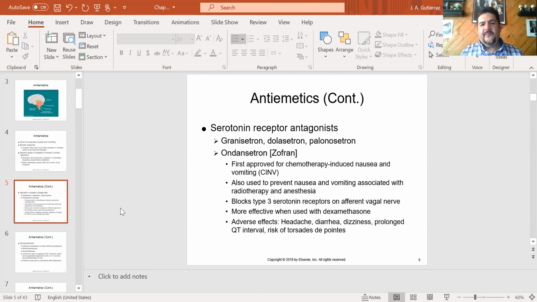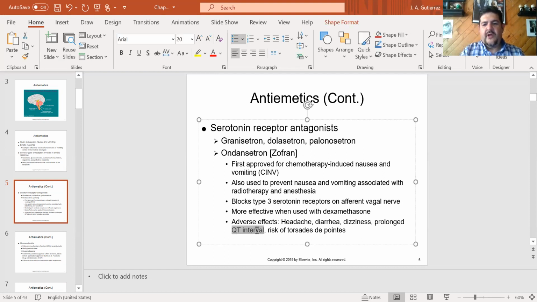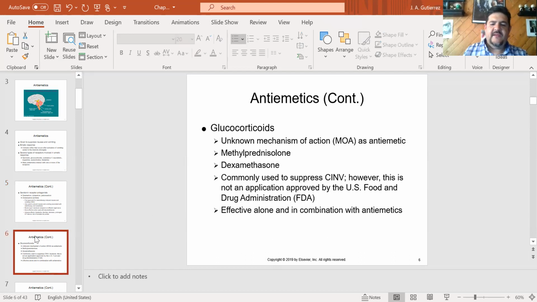The main adverse effect of blocking serotonin is prolonged QT interval. That means it's going to produce an arrhythmia of the heart, torsades de pointes. Those are the two main ones.